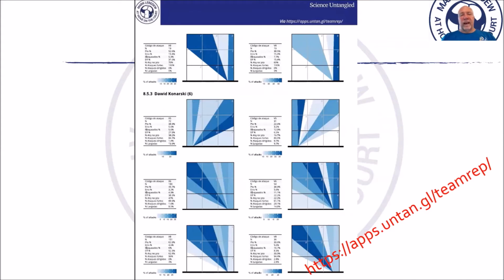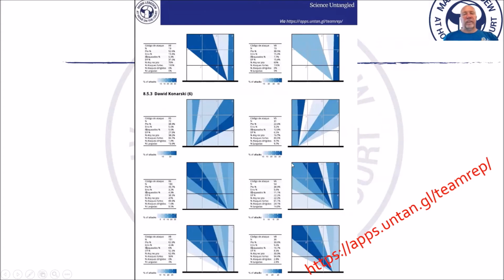This is an example of a printout from the Science Untangled apps that I just talked about earlier. You can see here on the screen the URL if you want to have a look at it. These are heat maps of spikers' directions from different balls.